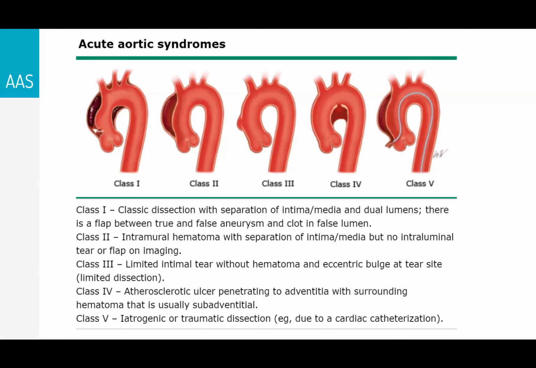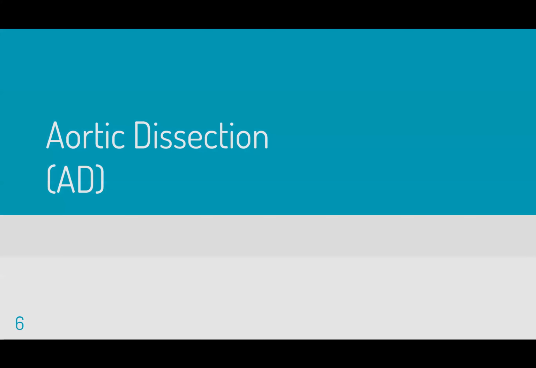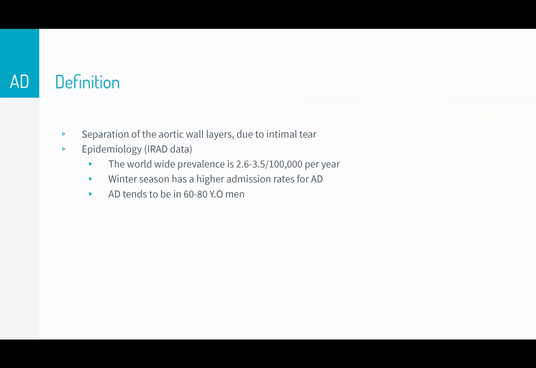Okay, so now we will delve into aortic dissection. We will start with definition. Aortic dissection is the separation of the aortic wall layers due to the intimal tear. And there is a famous registry, which is the International Registry of Aortic Dissection, where most of the epidemiologic information about dissection comes from.